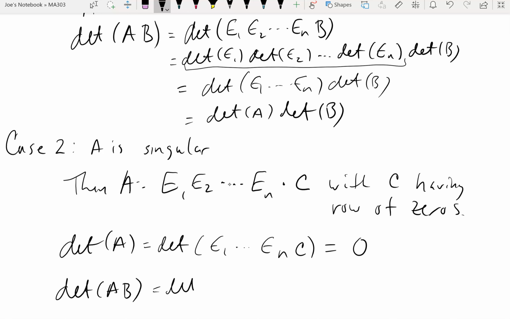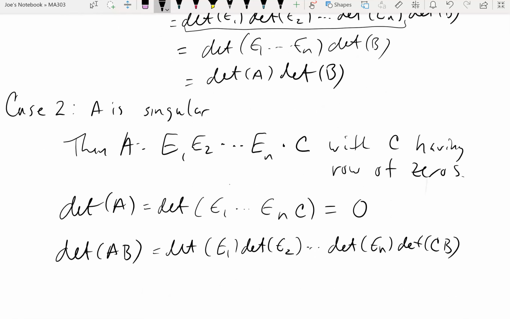Because this determinant becomes determinant of E1, determinant of E2, determinant of En, determinant of C times B. That's just breaking it up like we talked about before. Right? But C has a row of zeros, so C times B also has a row of zeros. Right?